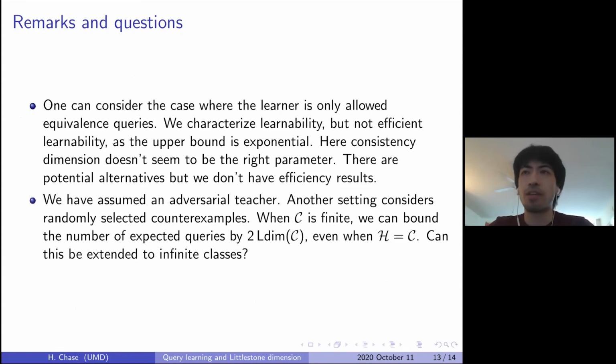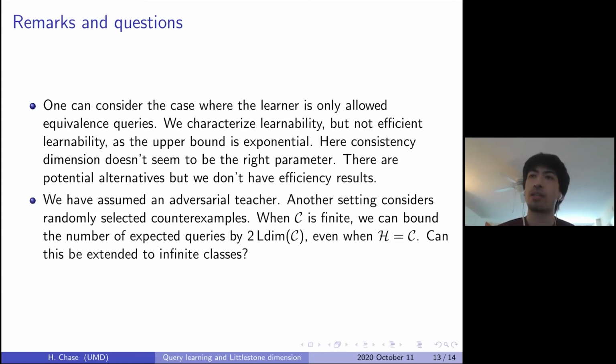So what about the case where we only look at equivalence queries? And this sort of gets back to the Helly number and what Steve mentioned as strong consistency dimension. So we can characterize learnability using consistency dimension and Littlestone dimension, but we don't get a characterization of efficient learnability, as the upper bound that we get is exponential.